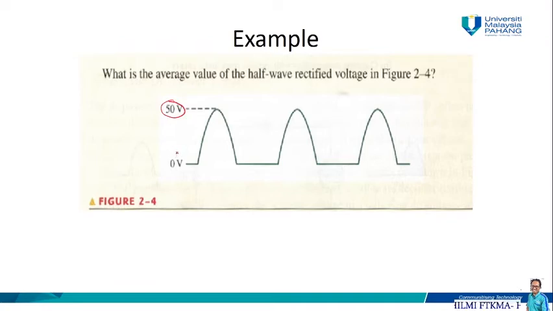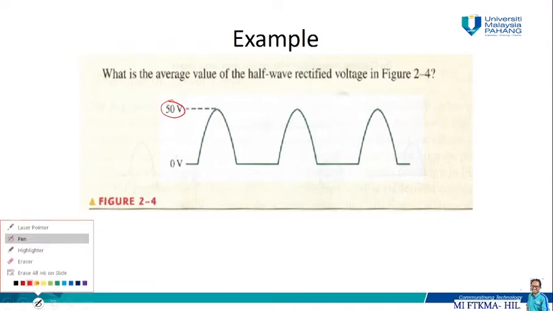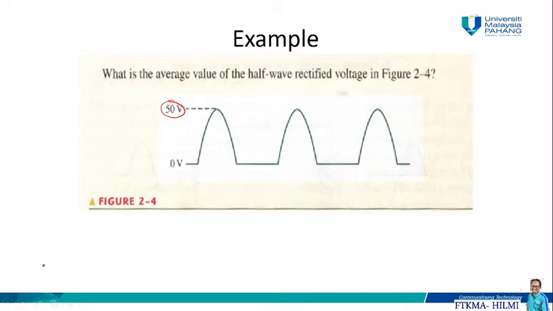So what is the average value? Easily we can use the equation that we learned from the previous part. Vavg is going to be the peak voltage divided by pi. So the peak voltage is 50 volt divided by pi 3.14, and we are going to get 15.9 volt.